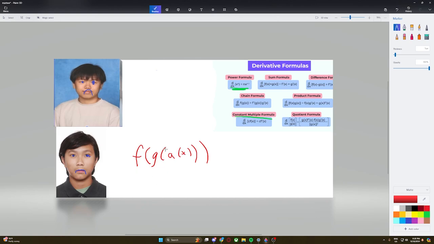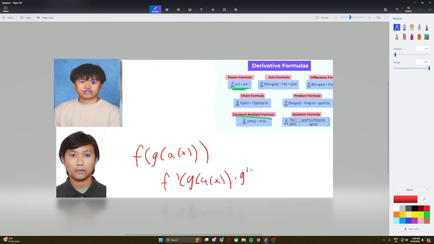But let's just say for this specific example, the chain rule for this would be f prime g of x times g prime a of x. Wait, hold on. There you go.